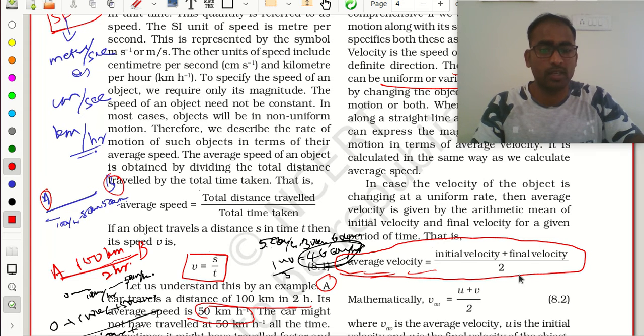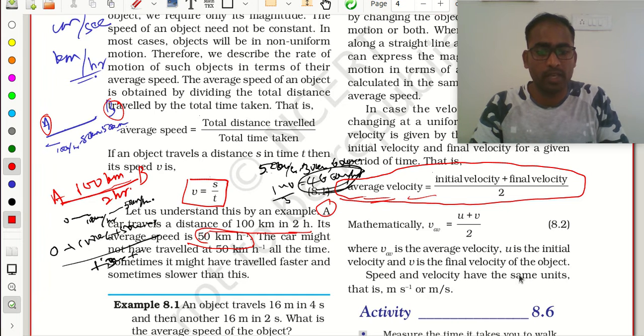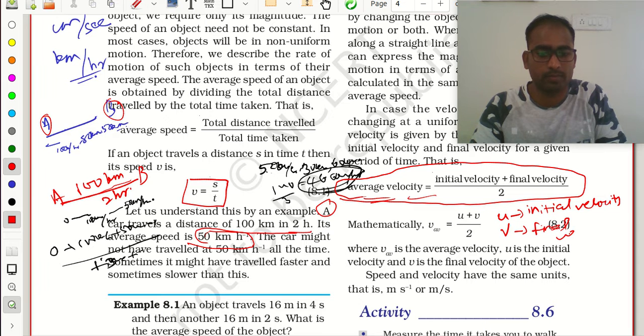Mathematically, we can write V average velocity is equal to u plus v by 2, where u is the initial velocity and v is the final velocity of the object.